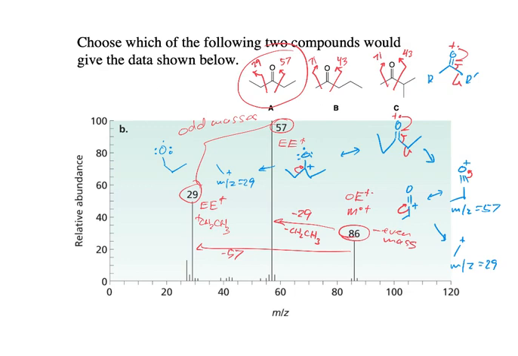So this would give us a radical here, which looks kind of weird, but you can actually take these two together, and so this is kind of resonance, I guess, and draw it like this. So it's an acyl radical instead of the cation. All right? Okay.